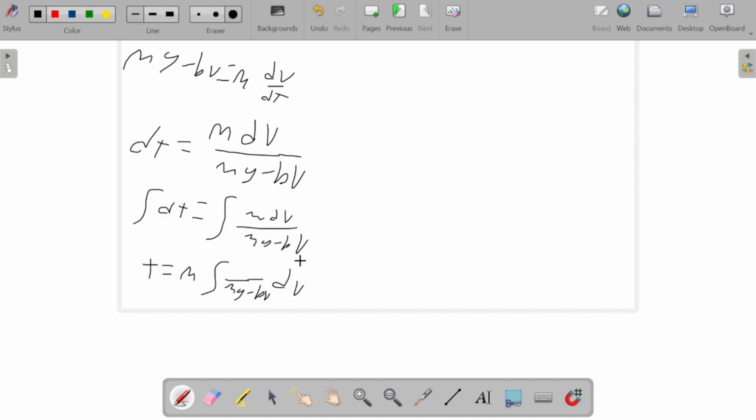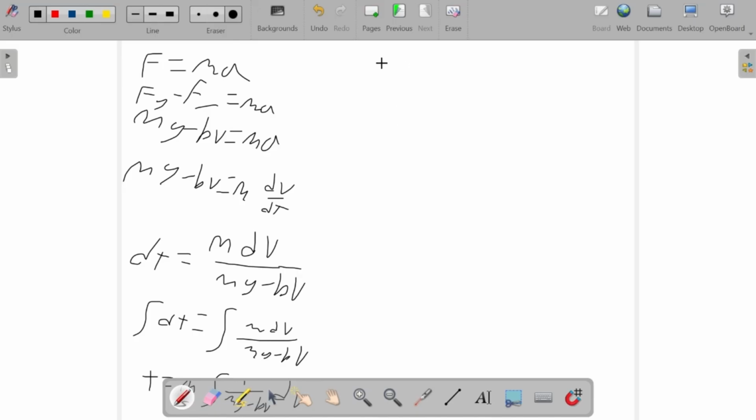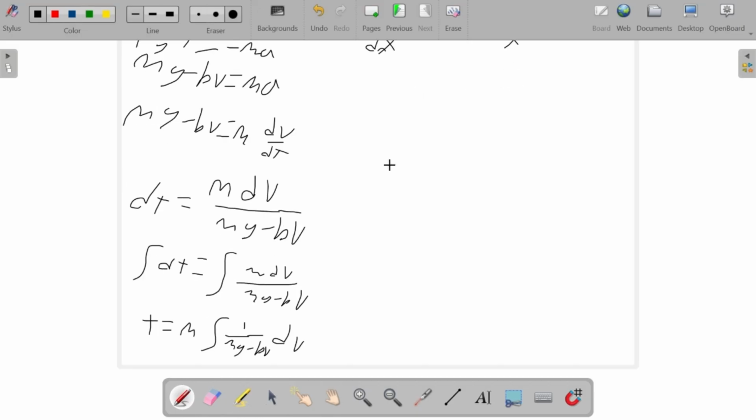This might seem really hard to integrate at first, but what you must realize, and this is going to be a common pattern, is that this is quite literally the derivative of natural log. The derivative of natural log, so d/dx of ln of x, is equal to 1 over x.